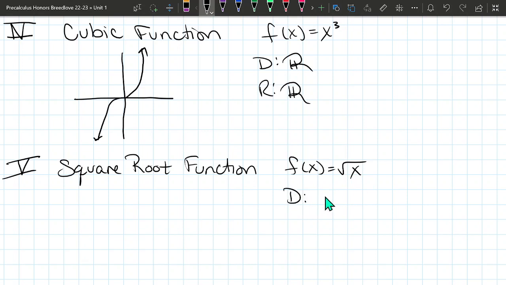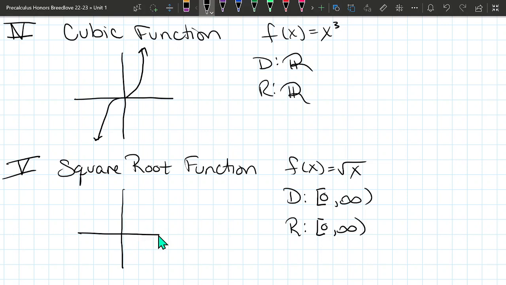So then the domain is from 0 to infinity, and the range is also from 0 to infinity. All right, and that's it, with a dot at 0, 0.